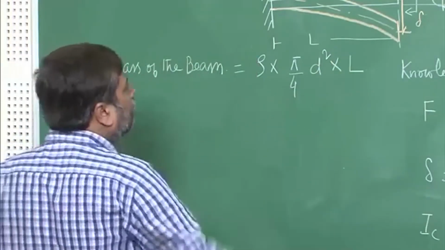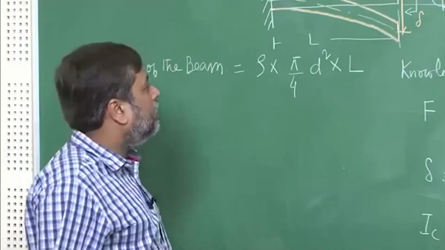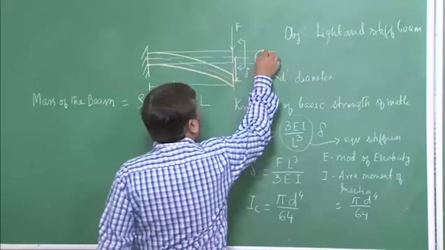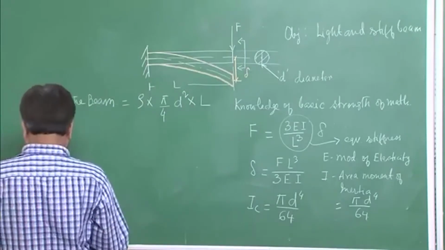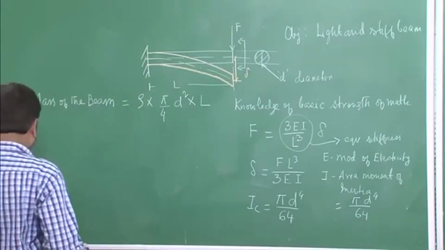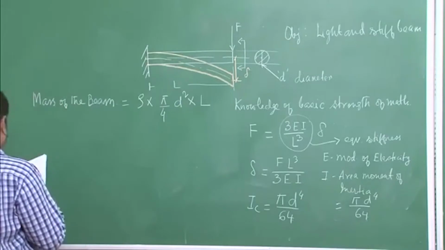That is the mass of the beam, considering that it has a uniform circular cross section. And we have to make it a lightweight beam.